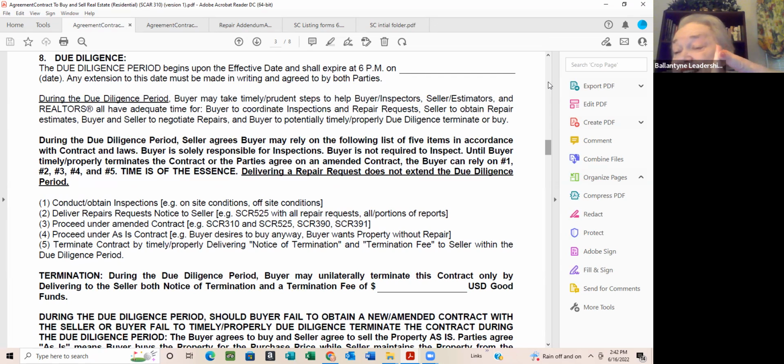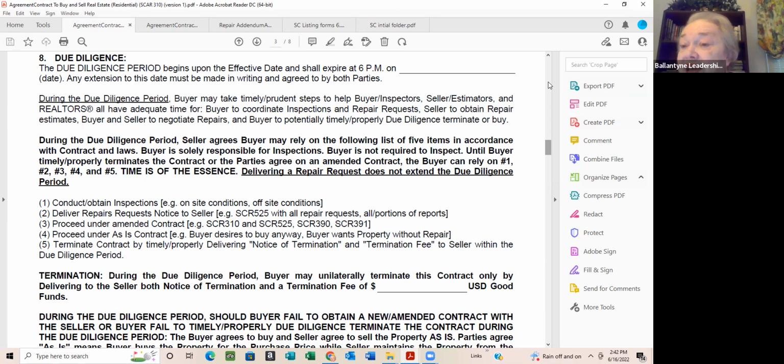Then there was an as-is clause as an option, and the middle one was the due diligence. They have not changed the wording of this at all from what was on the previous contract. All they did was remove the seller paid option and remove the as-is option. So instead of having 3 options, they took away 2, and we're left with the due diligence.